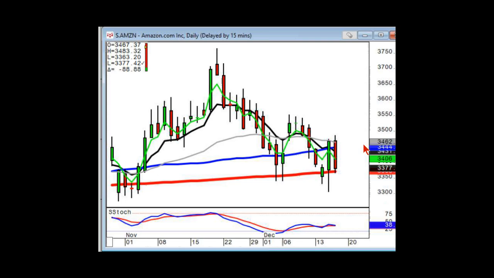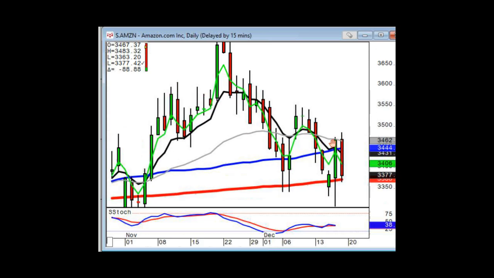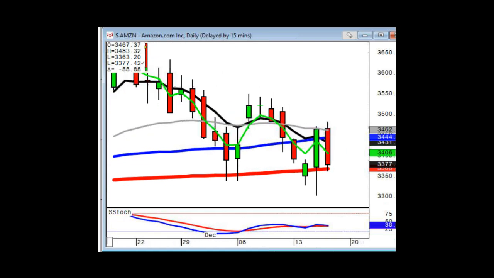You can see what happened here on Amazon. Big reversal, but notice what the signal was yesterday. Oops, that is a green candle. I was going to say it wasn't really a signal. However, it did pretty much tell us they used the 200 as support.